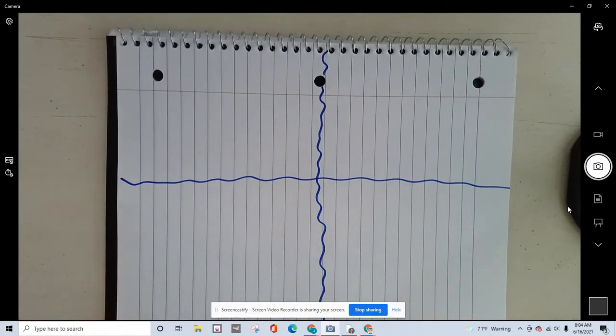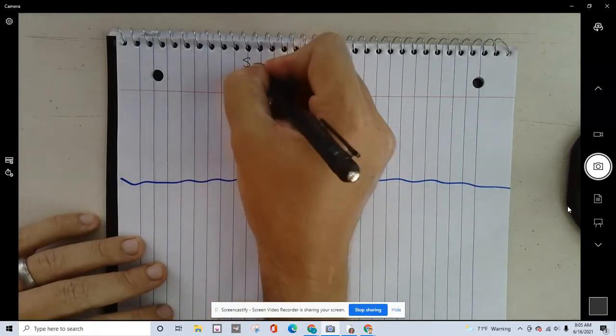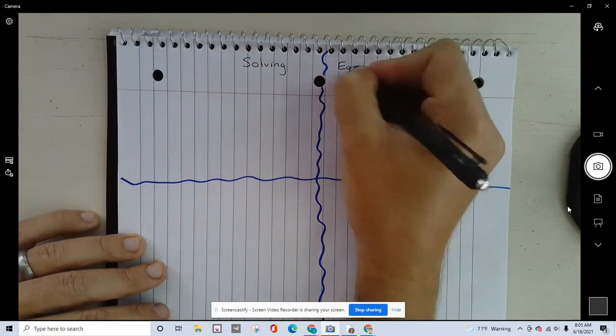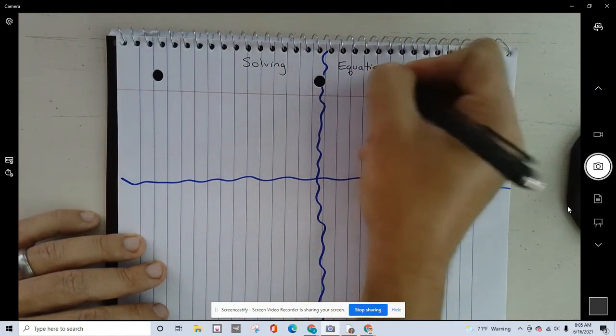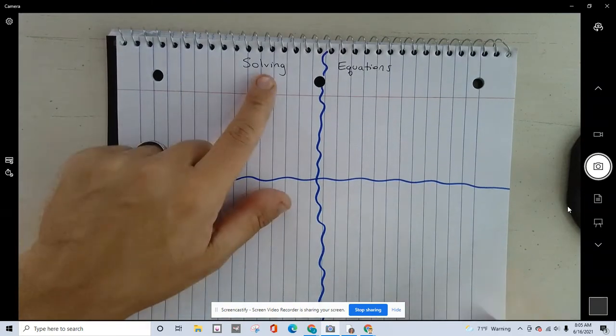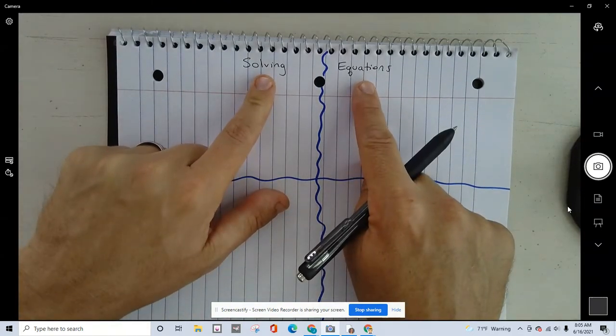We're going to be talking about solving equations. So let me go ahead and title that. This is a skill that will never go away in every one of your math classes. Every single math class, you're going to have to deal with solving equations properly.